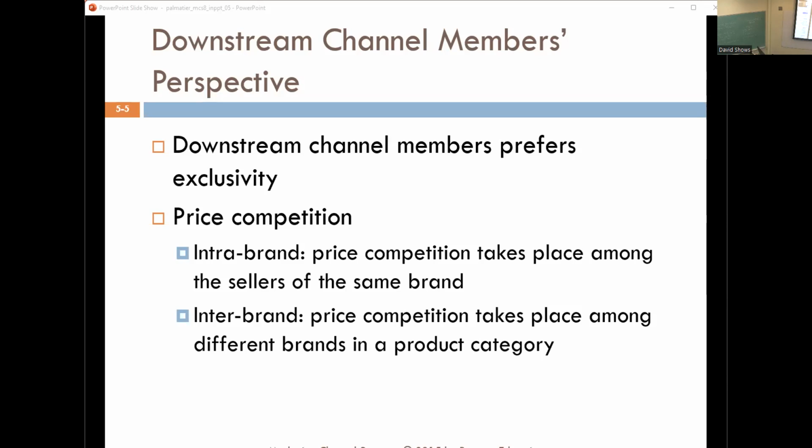There is also inter-brand competition. And this is competition that takes place in one store with different brands in the same product category. And so in a Walmart, you will have a dozen different computers, more than a dozen different televisions.